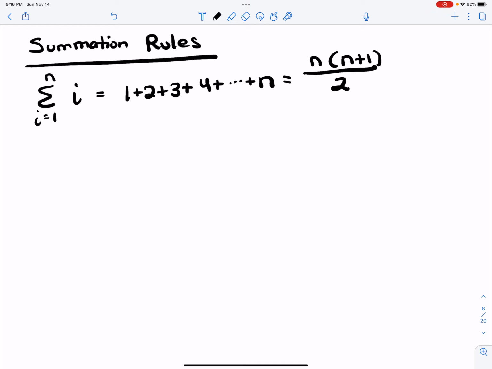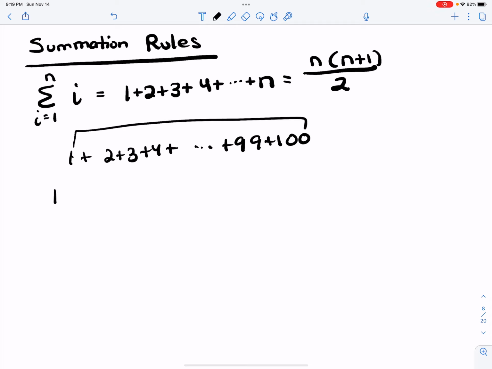It's like, what? Well, he's adding the numbers 1 plus 2 plus 3 plus 4 plus, all the way up to 99 and 100. So what did he do? Well, he figured out that you could pair them up. Like 1 plus 100 is 101, 2 plus 99 is 101, etc. And he figured out there's 50 pairs like this.